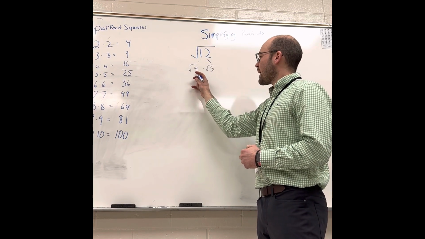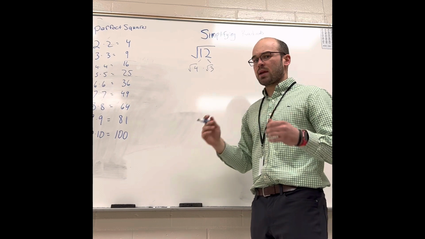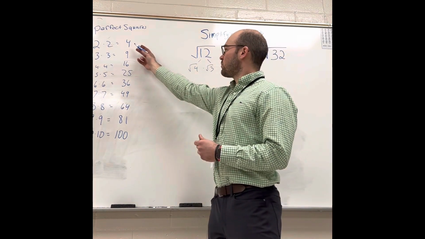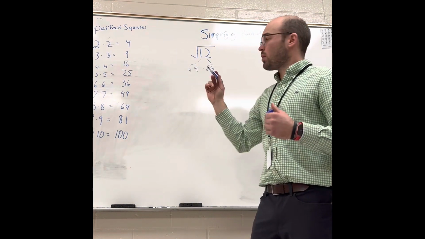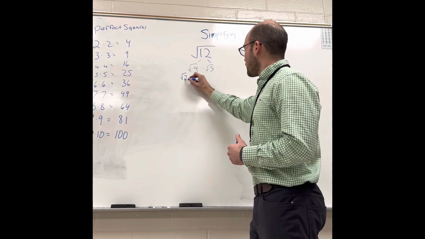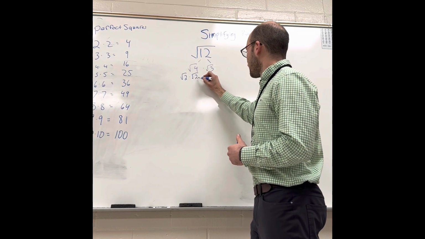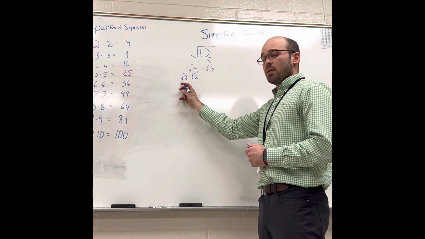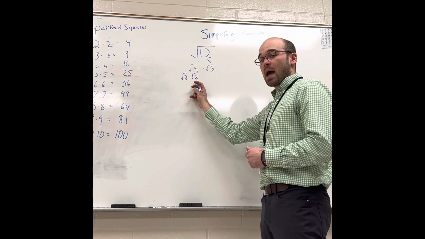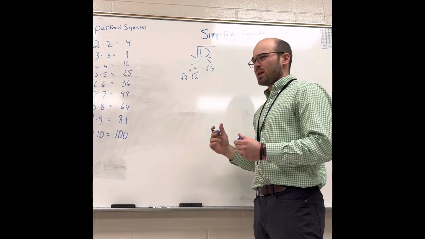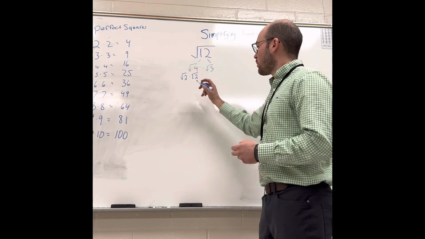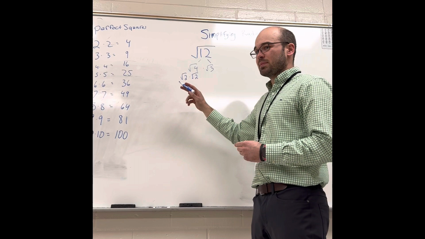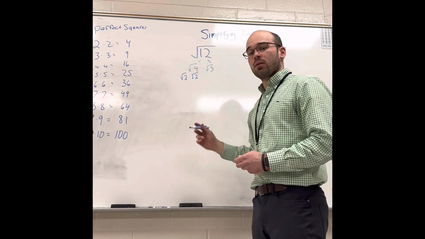When I see radical 4, I know I could break it down. Radical 4 is the same thing as radical 2 times radical 2. When we multiply radical 2 by radical 2, it's almost like I'm squaring the number, or it's really multiplying it by itself.